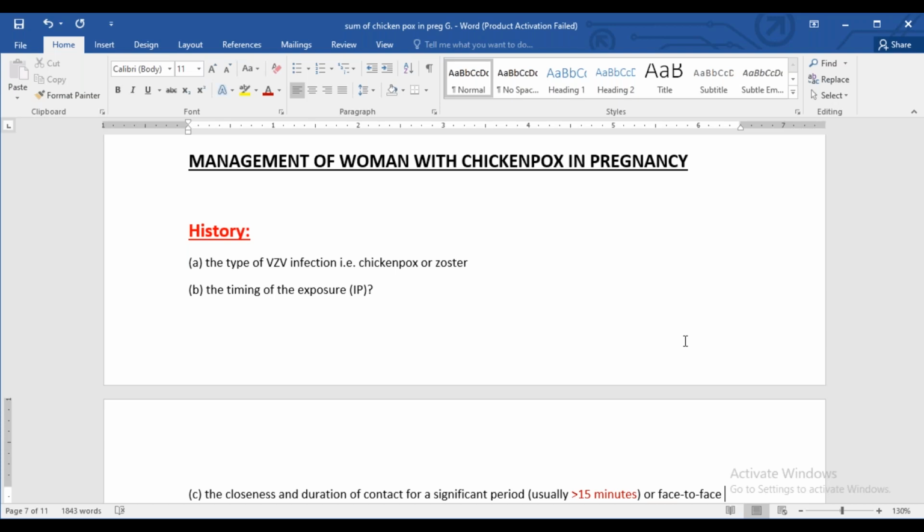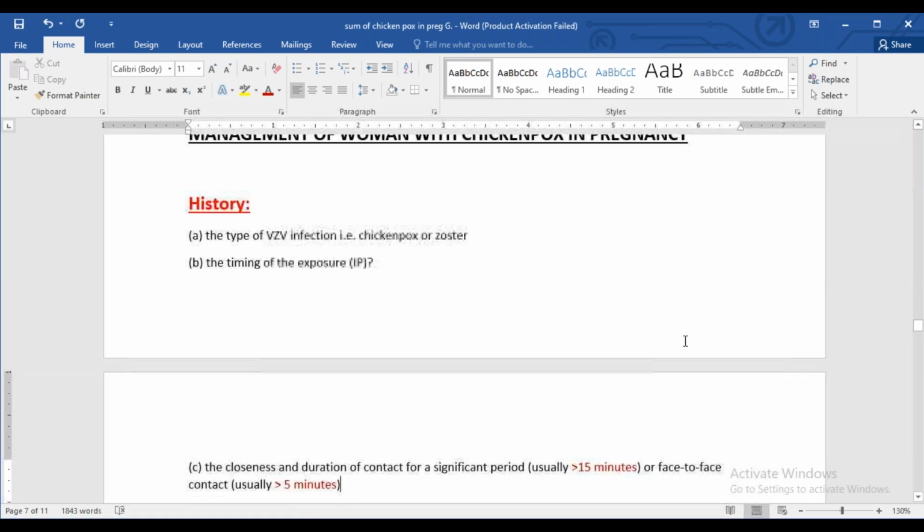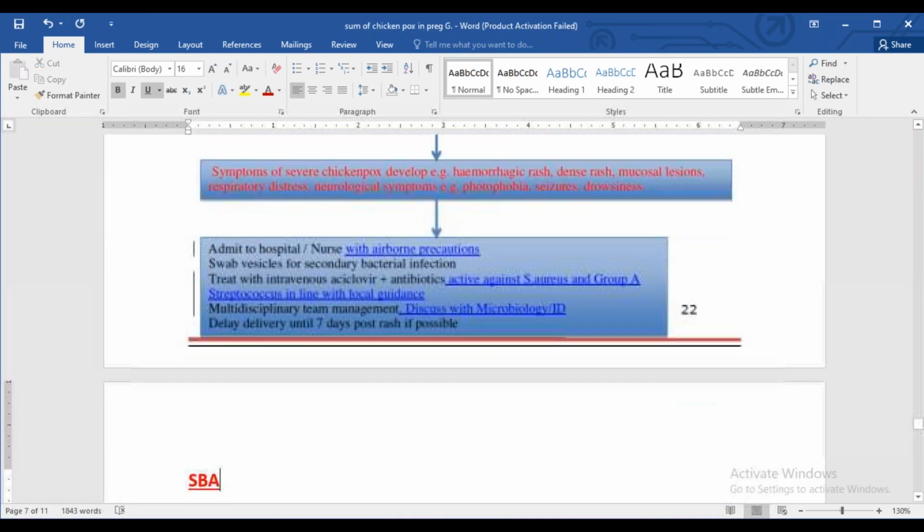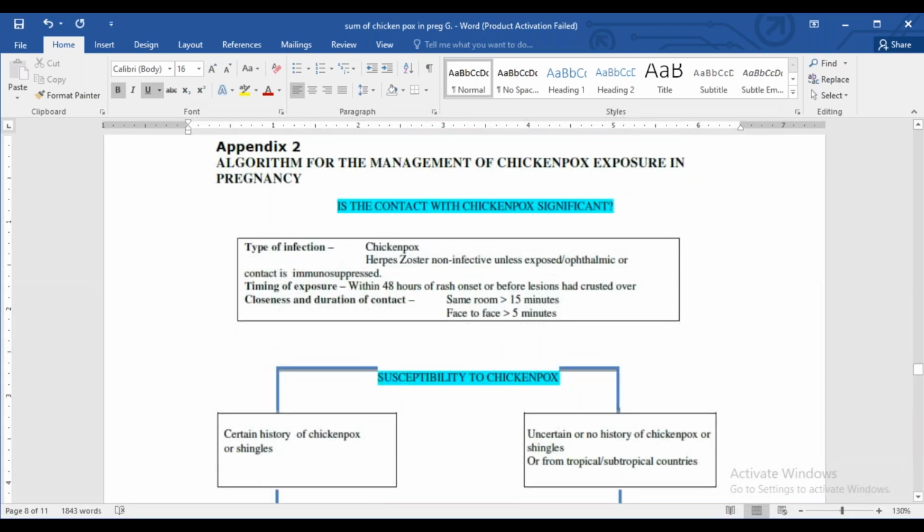Number one, if the patient comes to you having been exposed, you have to fulfill certain points. We are going to use a diagram to make it easy, and then you can go through this. This is the diagram in the RCOG guideline.